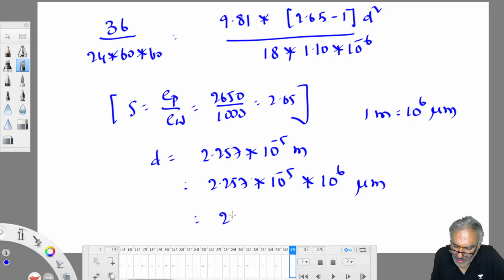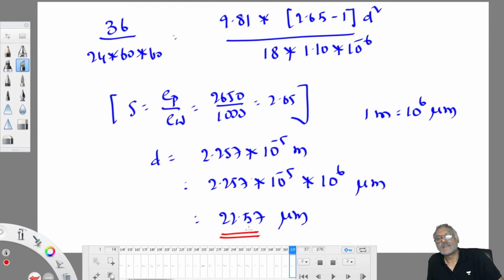So I got 22.57 microns. So 22.57 microns are 90% removed. 100% removal means 40 will be taken there, instead of 36, we will take 40. Understood?